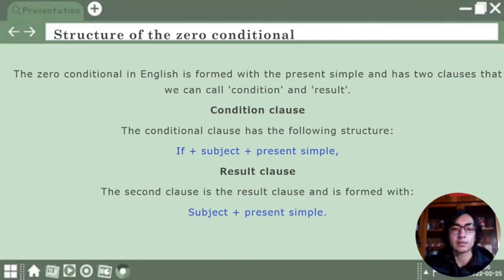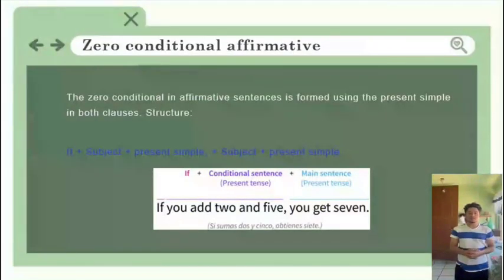Condition clause: the conditional clause has the following structure: if, subject, and present simple verb. Result clause: the second clause is the result clause and is formed with subject and present simple verb. Zero conditional in affirmative sentences.